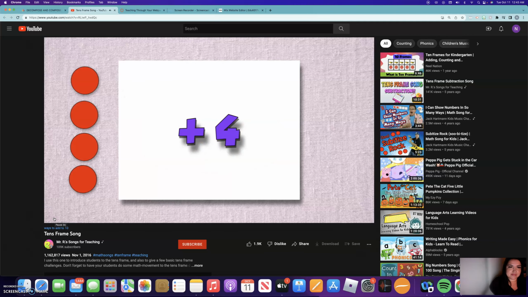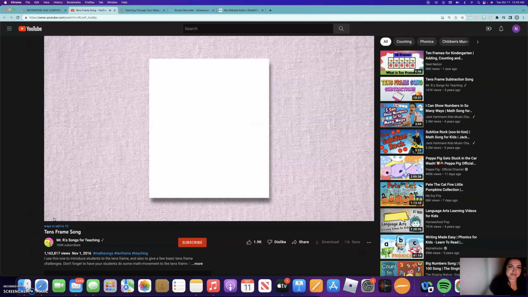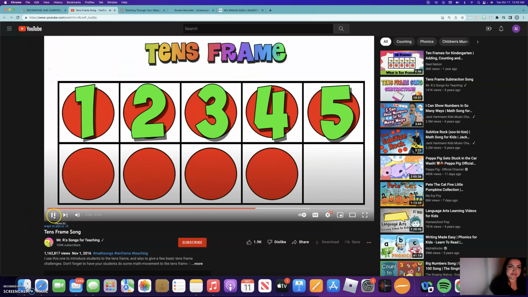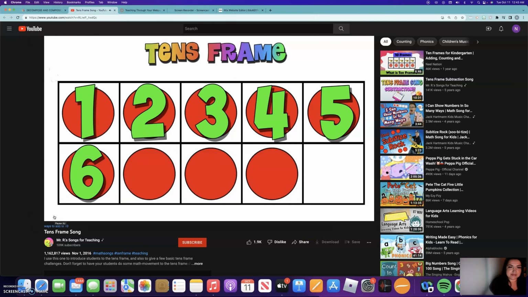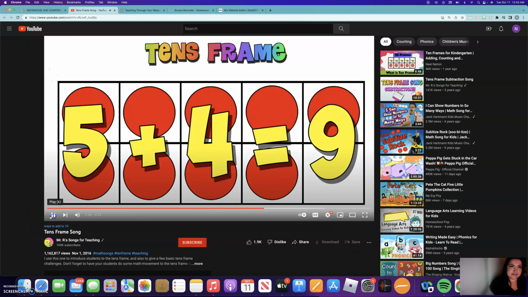She told us that she'd added 4. How many could there be? Now won't you help me count them? 1 row, that's a 5, and 5 plus 4 is 9.